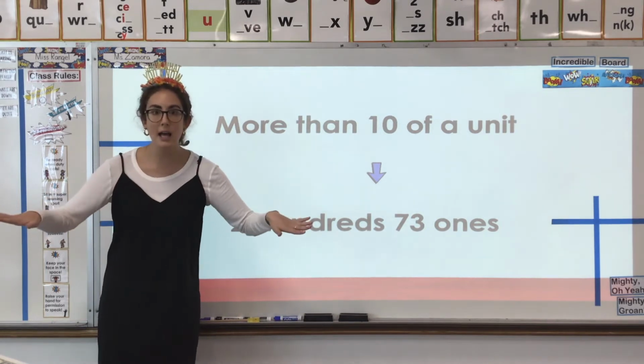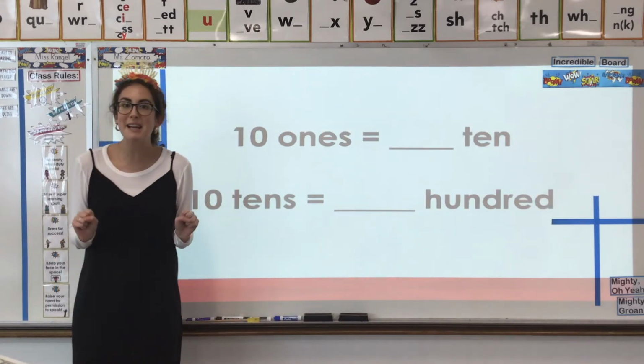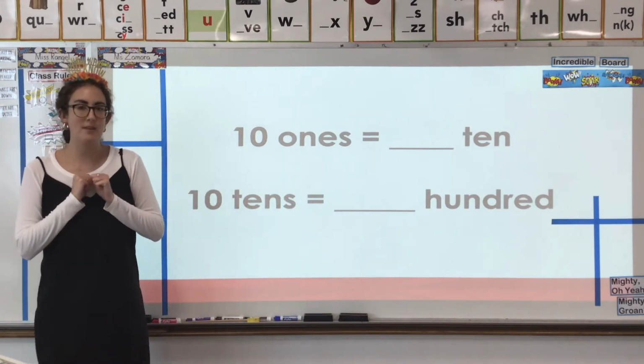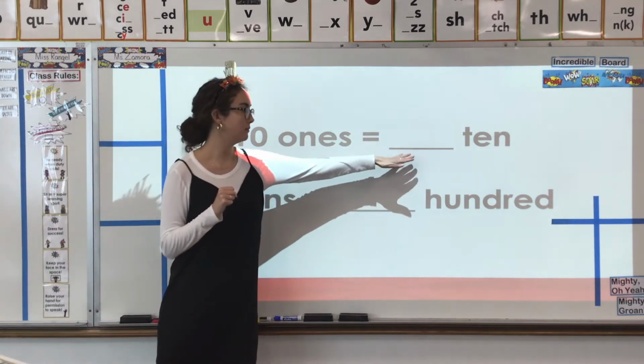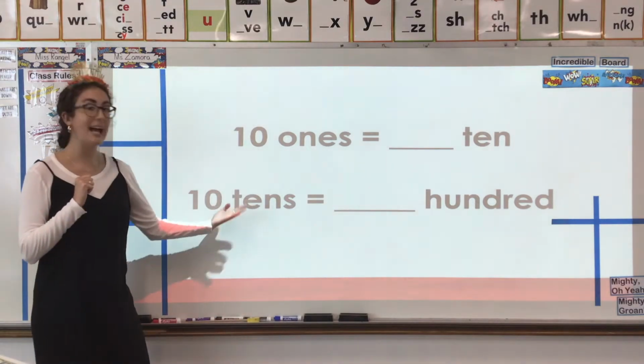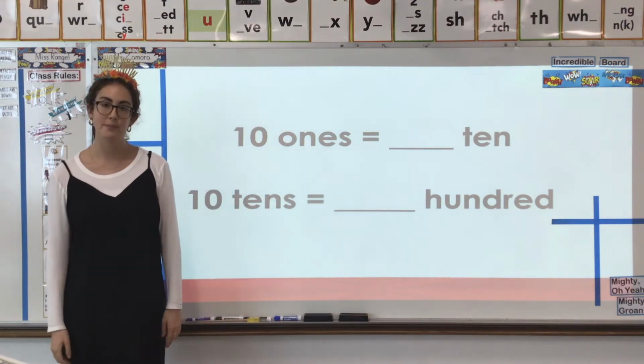And all of this depends on these 2 very important equations that I know we've seen before. 10 ones equals blank ten, and 10 tens equals blank hundred.